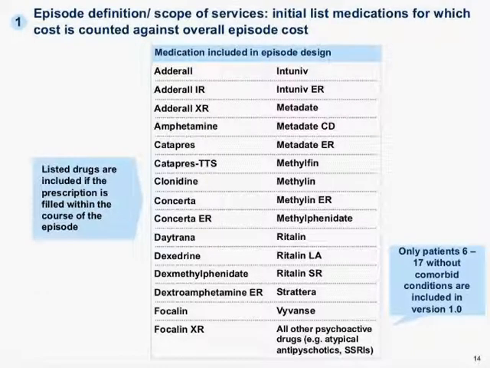And here's a list of stimulants. Some of these are on the preferred list, some of them are non-preferred. We'll get into that a little bit later. But this is a list of medications, and again, we're talking about children ages 6 to 17.